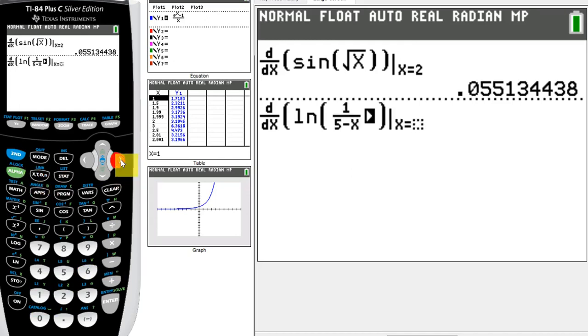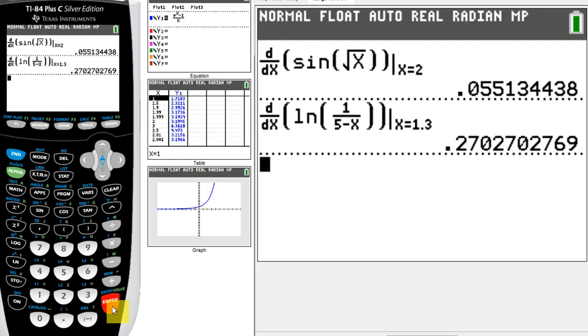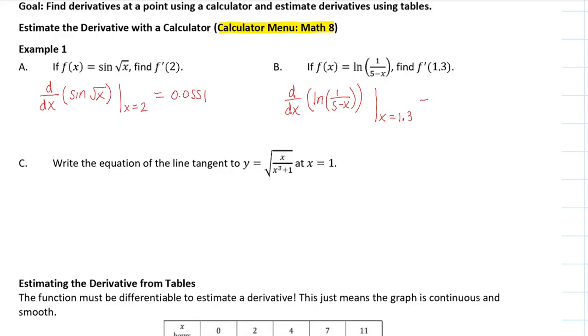And then I'm going to go outside. And I believe I need another set of parentheses in there somewhere. Yep, right there. There we go. Got to make sure you close them or you might get an error message there. And we're going to do this at 1.3 for x. And we're going to hit enter, and the calculator hardly even needs to think. We get 0.2702 as the derivative.